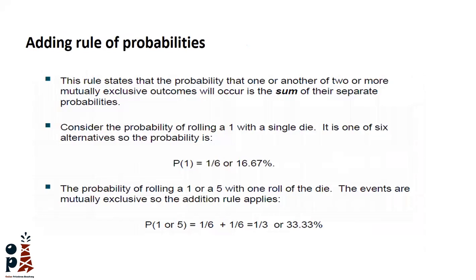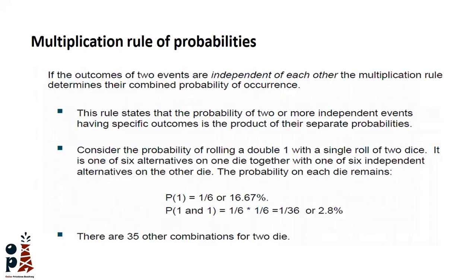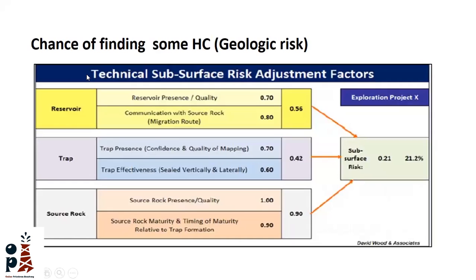So how do we handle probabilities? If you have two events that are mutually exclusive, you just add the probabilities, like rolling a single die. The probability of rolling a 1 is 1/6, and the probability of rolling a 5 is 1/6. So you add them: 1/6 plus 1/6 gives you 1/3. If you have events that don't depend on each other, you have a multiplication rule, and this is applied in geologic exploration.